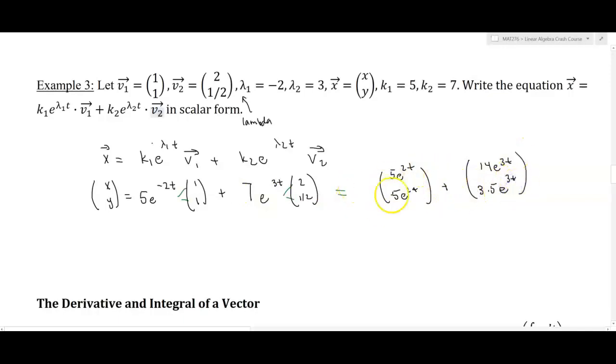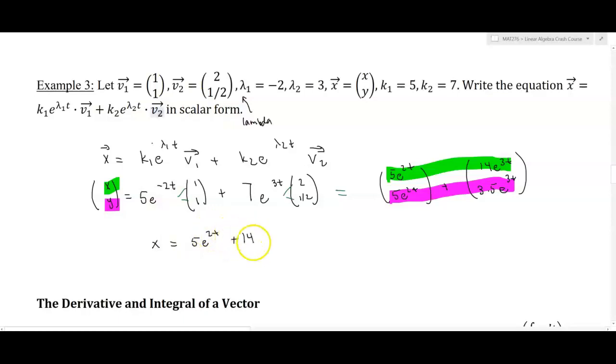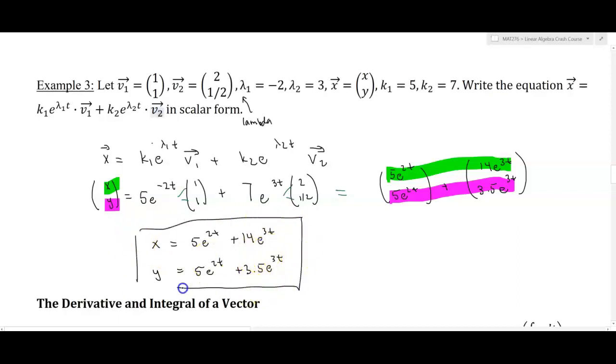And now we add these together, giving us 5e to the negative 2t plus 14e to the 3t equals x. So the x component is going to be the sum of those, and the y component is going to be the sum of those. And so x will be 5e to the negative 2t plus 14e to the 3t, and y is going to be 5e to the negative 2t plus 3.5e to the 3t. And there's our scalar form of that matrix equation.